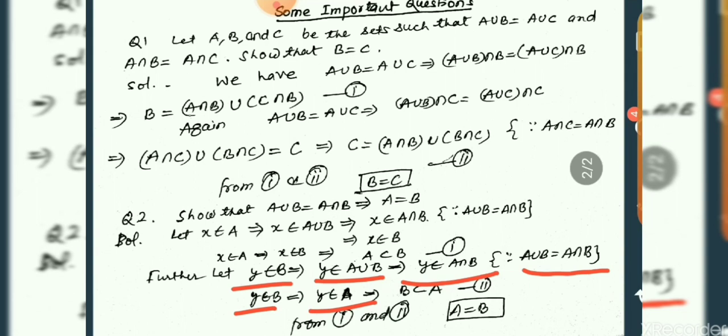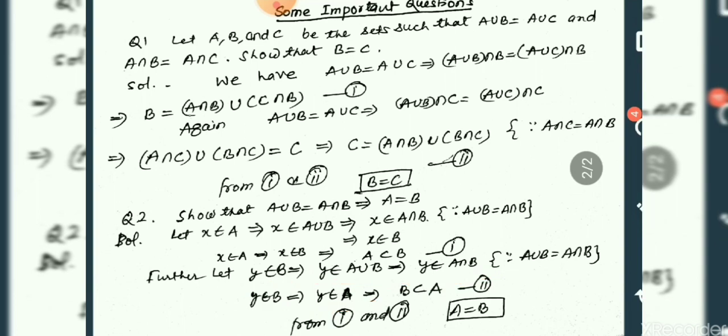Now from first and second you can observe that A is subset of B, and in second step we are proving that B is subset of A. It is possible only if both the sets are equal, means if A is subset of B and B is subset of A, it happens only when these two sets are equal.